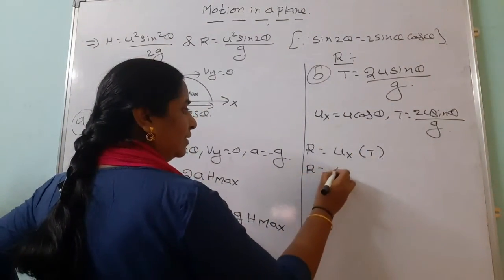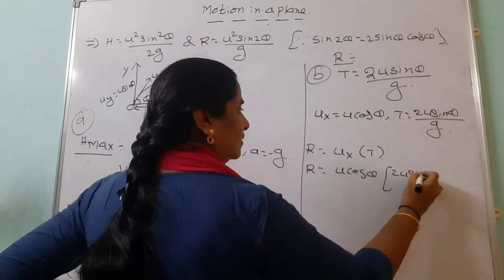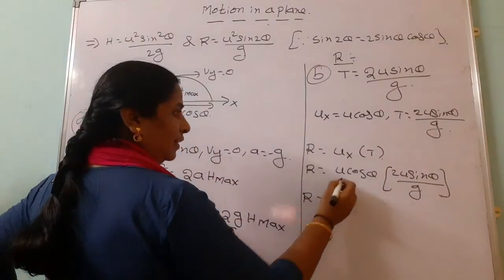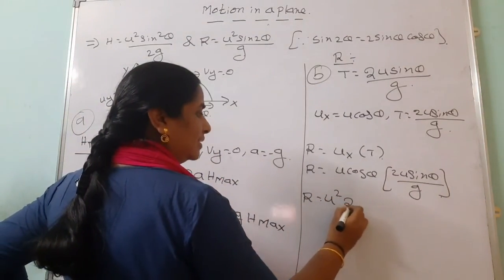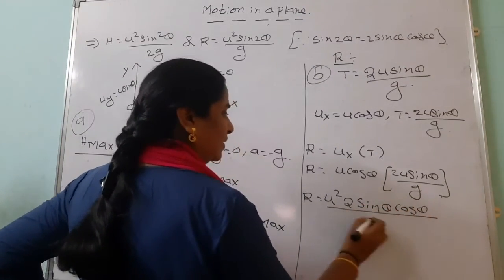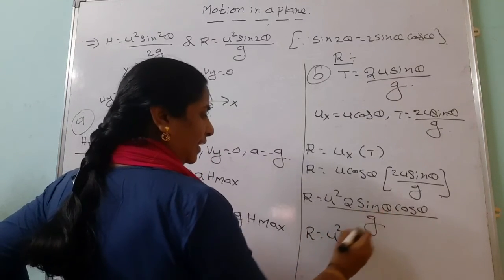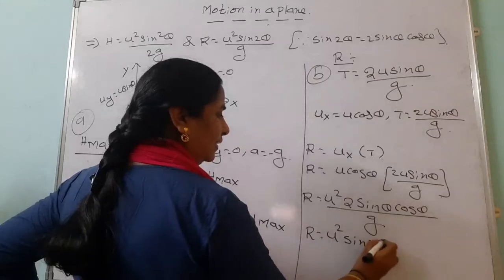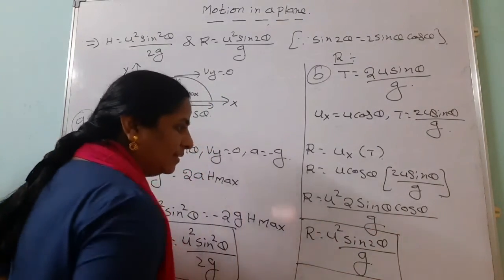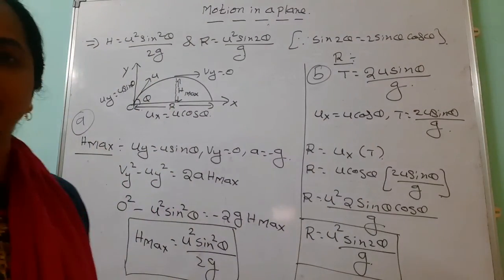Substituting these two values, u cos theta into 2u sin theta by g, then r equals u square into 2 sin theta cos theta by g. Just now I said that the formula for 2 sin theta cos theta is sin 2 theta. So r equals u square sin 2 theta by g. This is the horizontal distance covered by the body, and this is the maximum height.